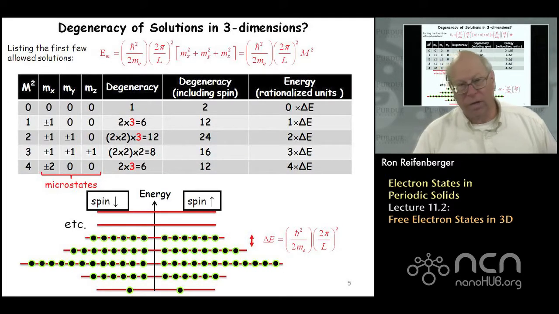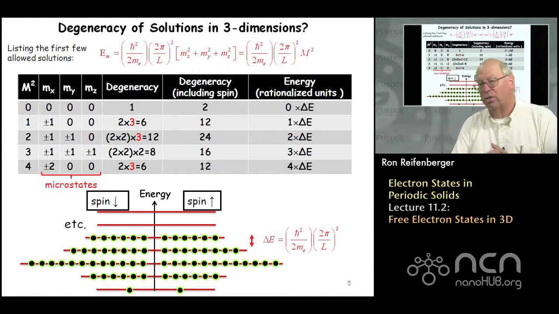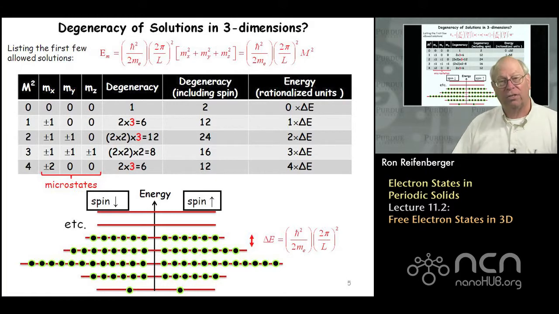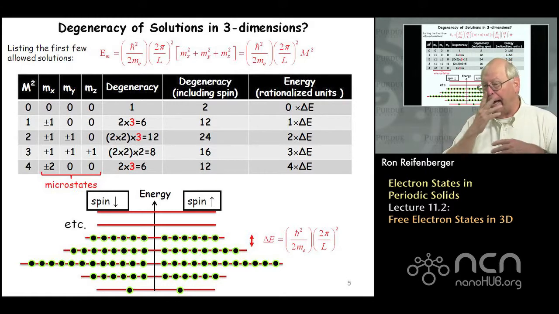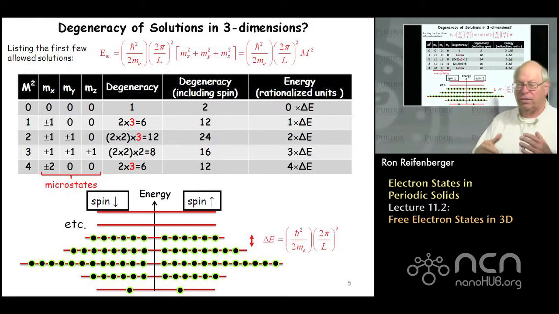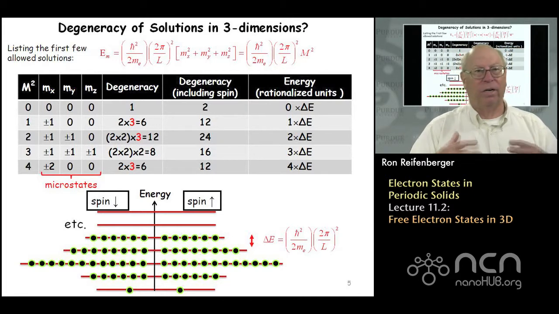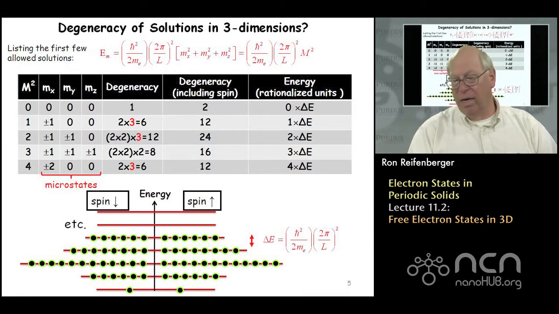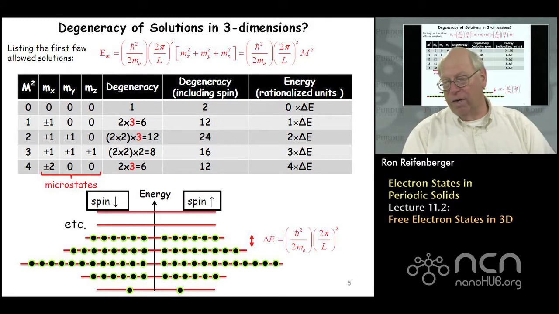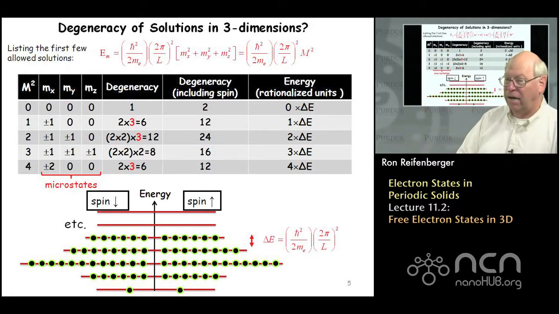What you can do, once you understand that, is start to talk about the degeneracies of these solutions in 3 dimensions. I try to illustrate that schematically in this slide for just a few select values, because clearly mx, my, and mz are going to range up into the millions because we've got so many electrons that we're trying to account for.